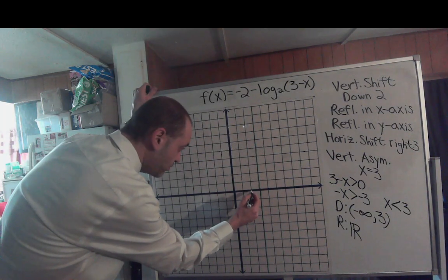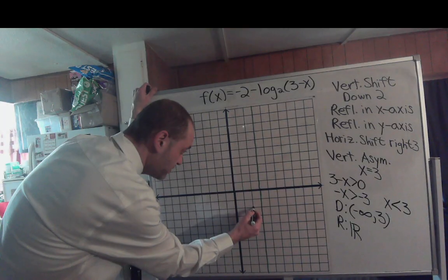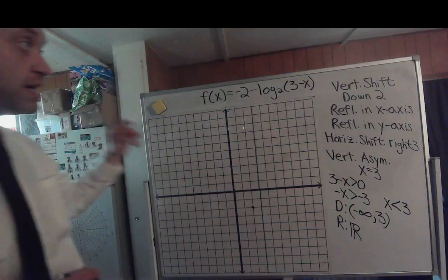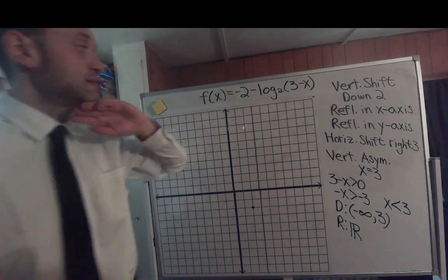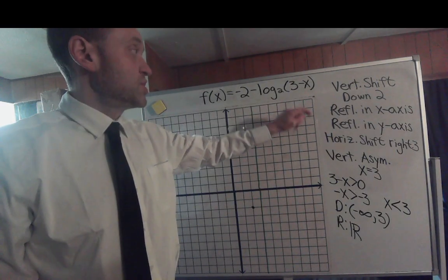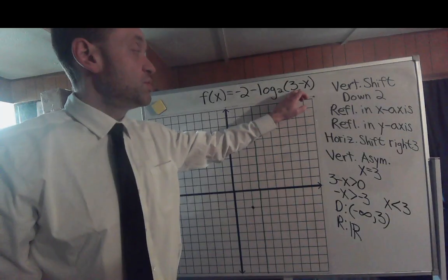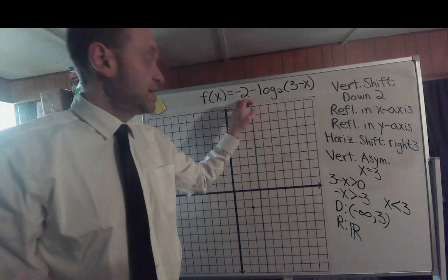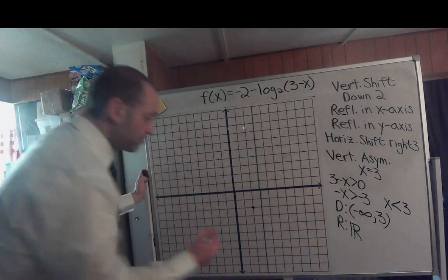So I would have the point (2, -2). All right, now let's say I pick 1 for x. That would give me 3 minus 1, which is going to be 2. Log base 2 of 2 is what? That's going to be 1. Negative 2 minus 1 is negative 3.